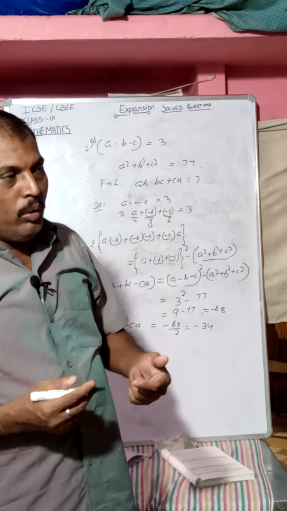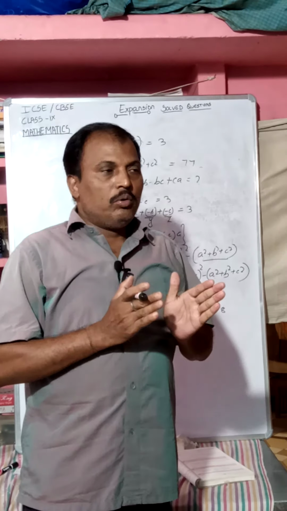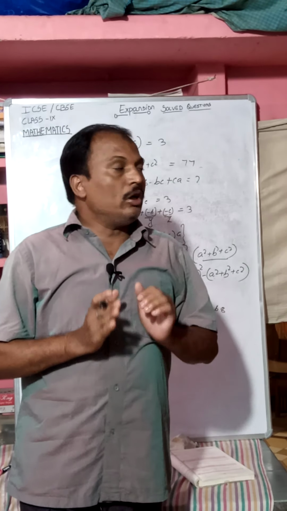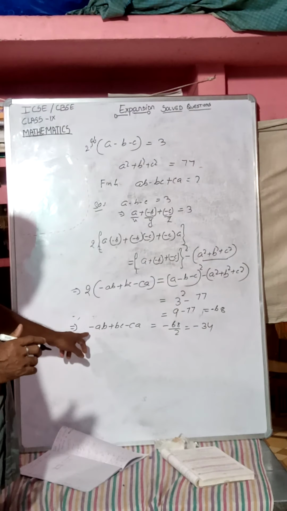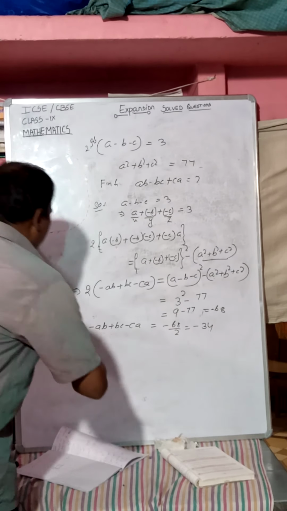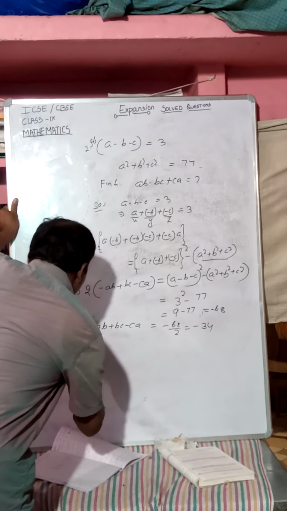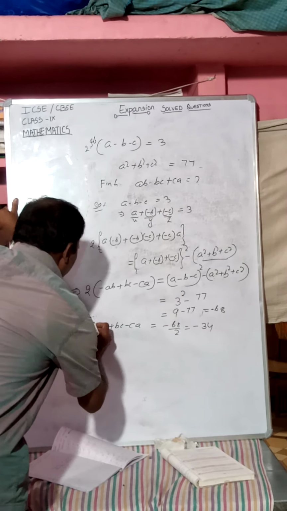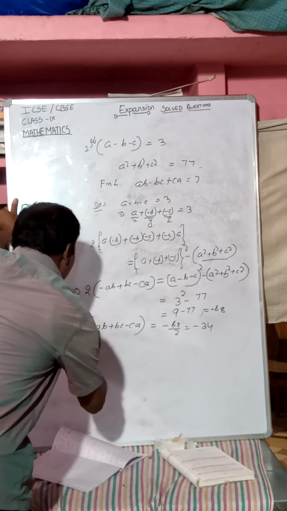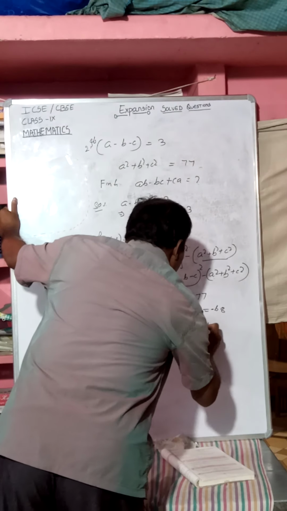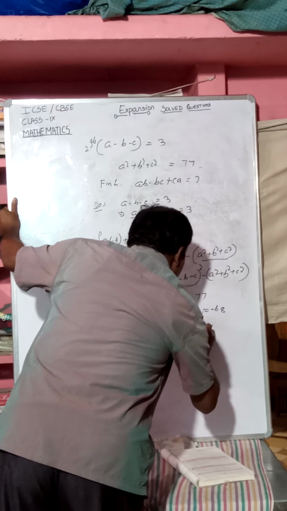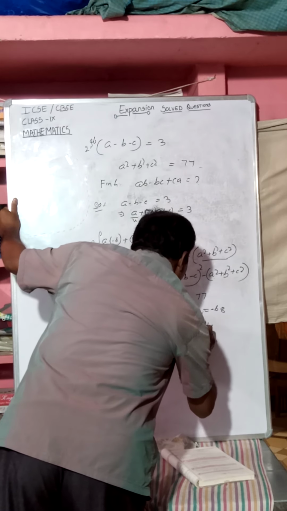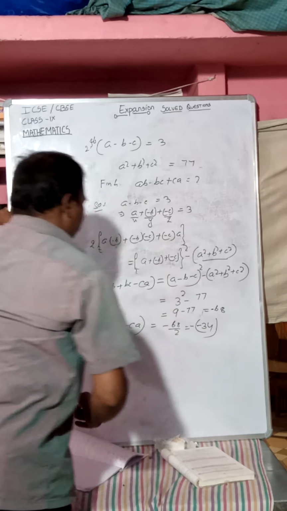I said to you the same thing: if we multiply on both sides of the equation, the value doesn't change. So we multiply by minus on both sides of the equation. Whenever we multiply by minus on both sides, this becomes minus of this.